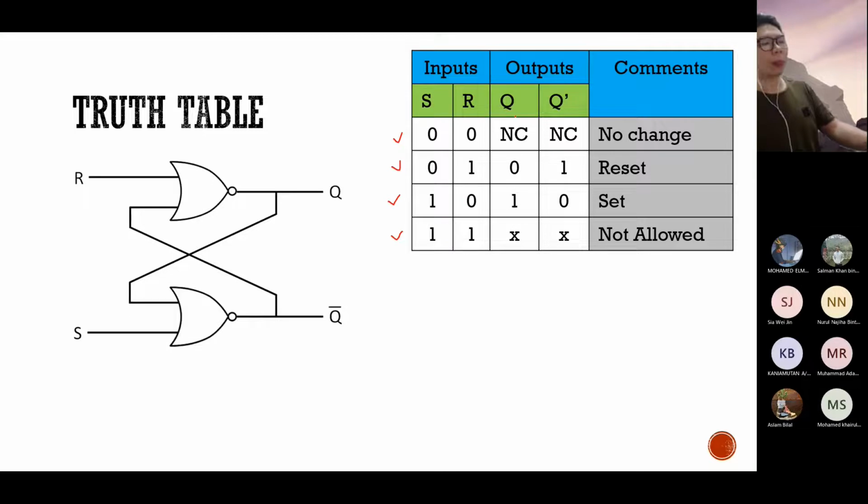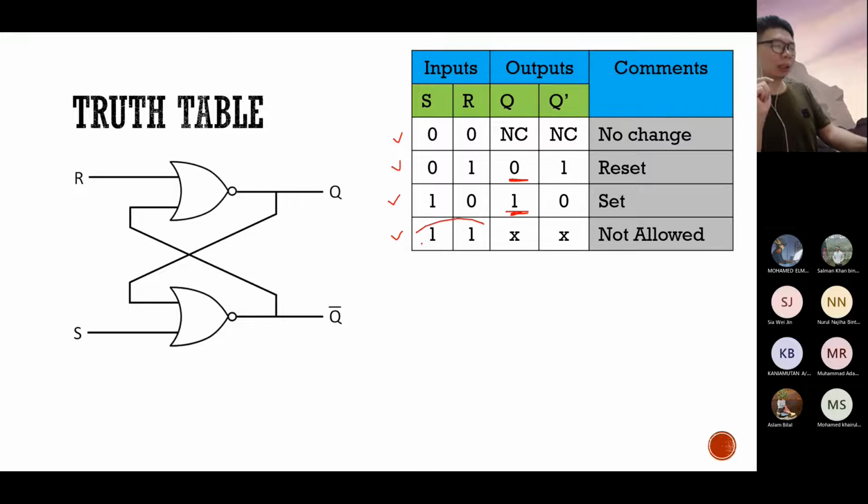In a no change state, the output is not going to change. Whatever output exists right now, the next output is going to stay the same. If you give it a reset state, the output is going to change to 0, Q is going to be 0. If you put it in the set state, Q is going to become 1. And this one is an invalid state.